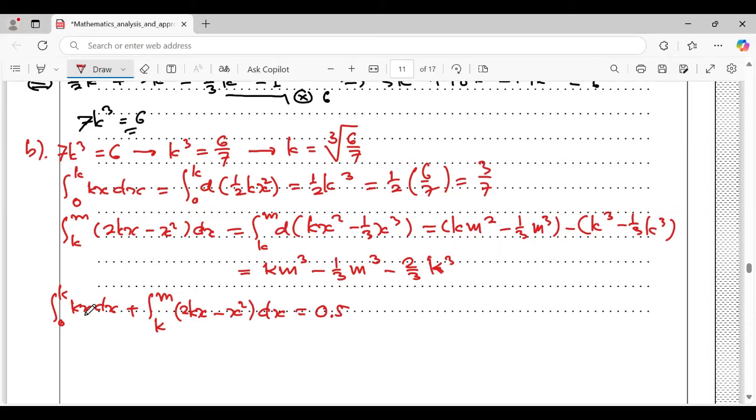So this integral result is 3 over 7, and this integral result is 1 plus km cube minus 1 over 3 m cube minus 2 over 3 k cube equals 0.5.